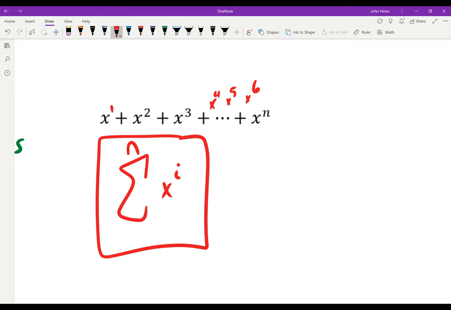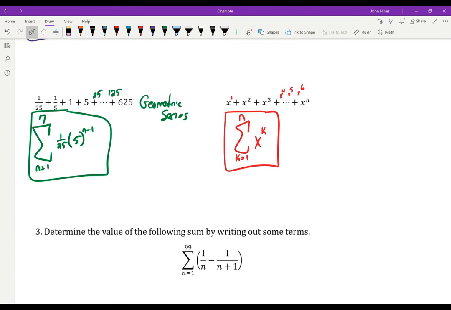Notice I used the letter i. Actually, i is a bad letter to use. Let's use k. Why is i bad? i is our imaginary unit. Let's use k. k equals 1. Start with k equals 1, k equals 2, k equals 3, all the way up until k equals n. X to the k. There we go. So I'm starting by plugging in a 1 for k, and then I'm going to work my way all the way up until I get to the nth term in that sequence.